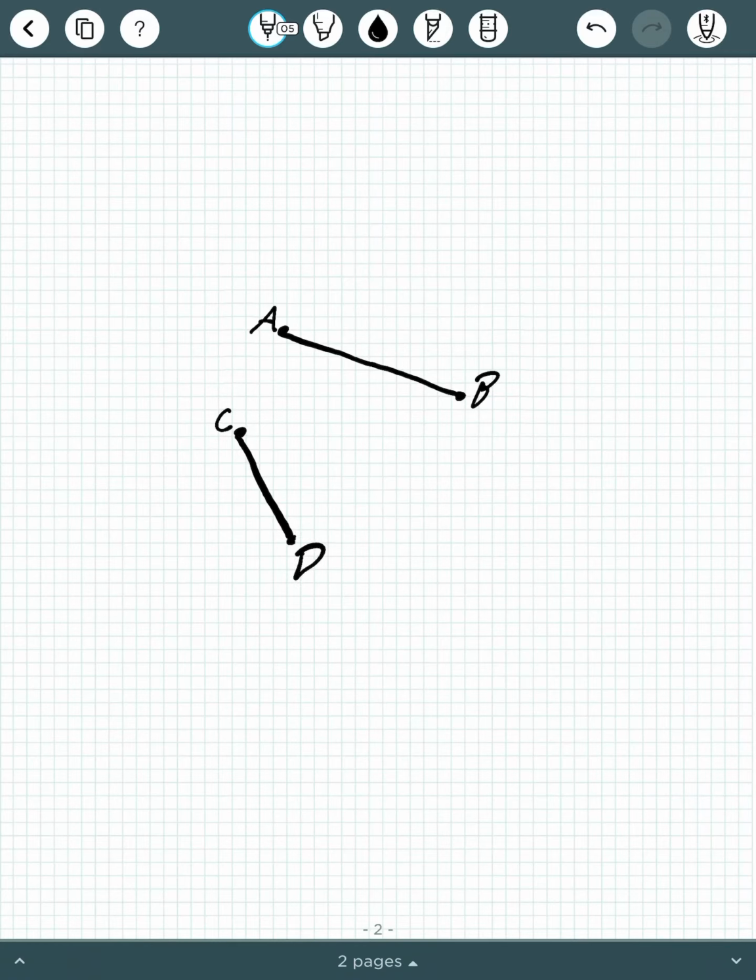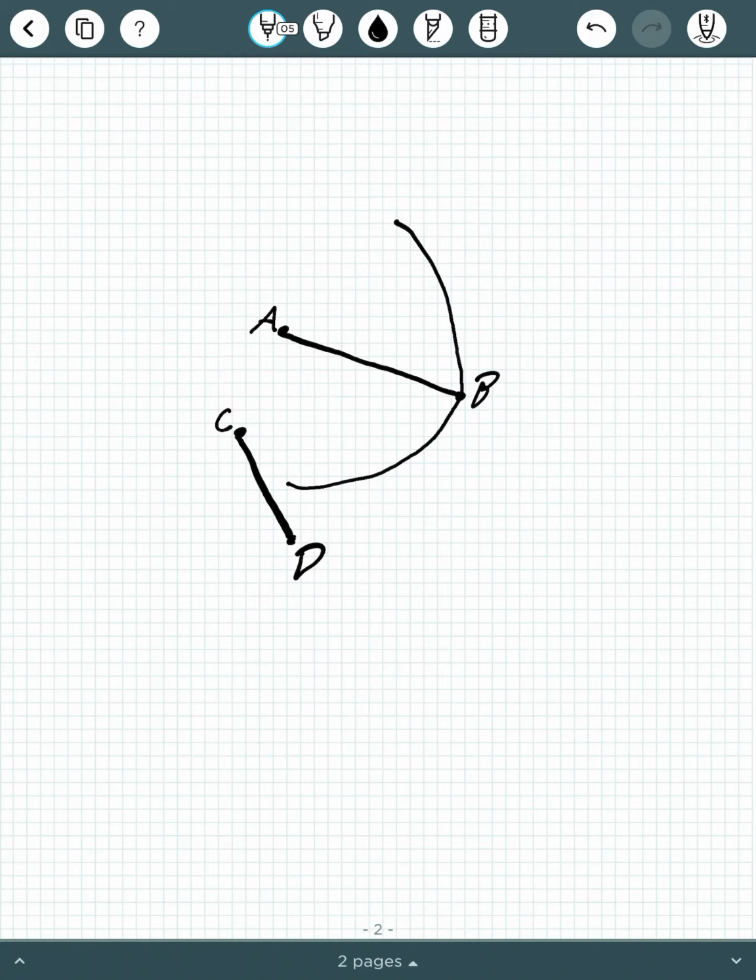You could use your compass, placing the sharp edge on point A and your pencil on point B, to draw what would ultimately be an arc of a circle.